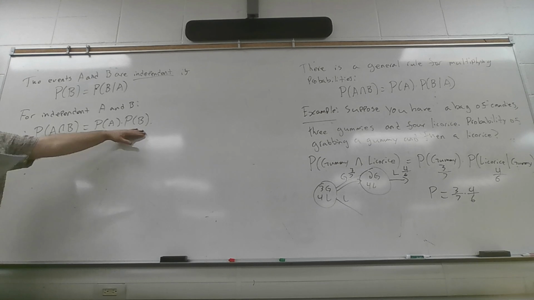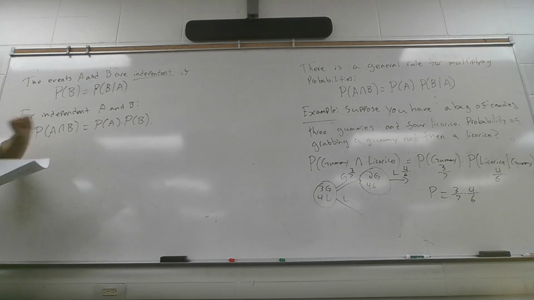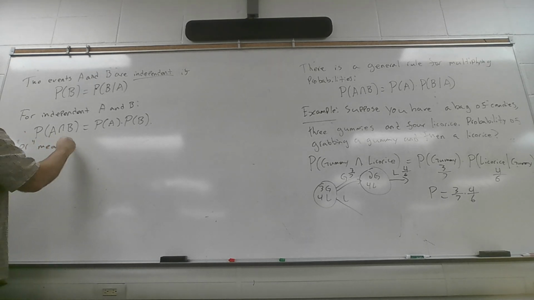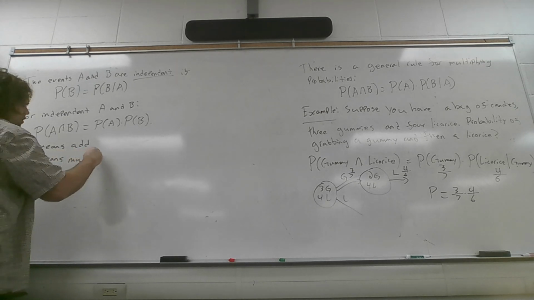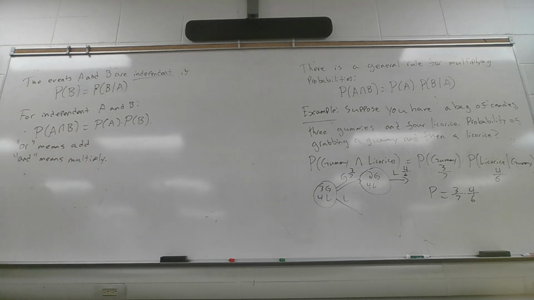Because it means this rule happens, which is very, very convenient. So general rule, the word or means add, and means multiply for probabilities. Again, it requires mutually exclusive, independent.